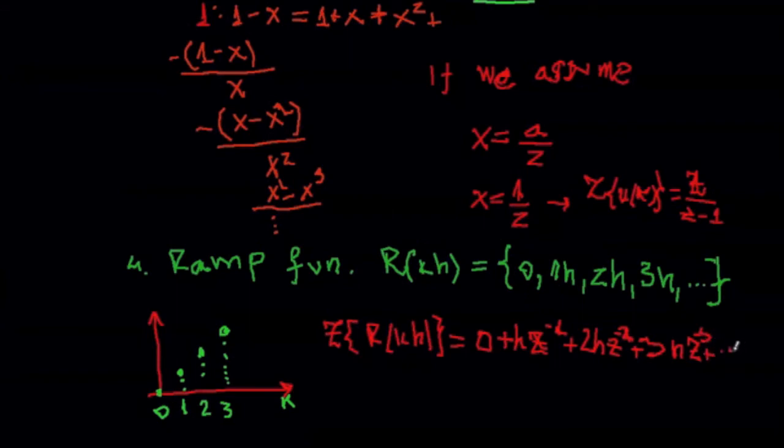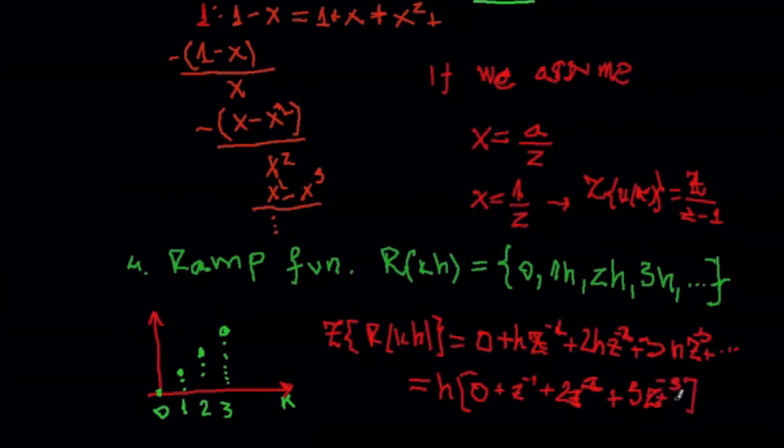plus, and so on. So if we just factor H outside of this expression, we will get some z^-1 plus 2 z^-2 plus 3 z^-3. Okay?